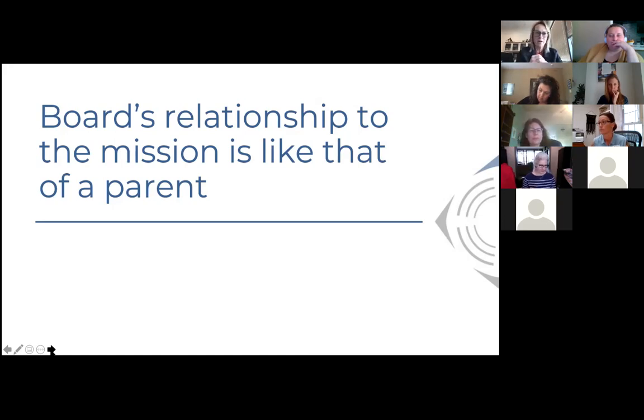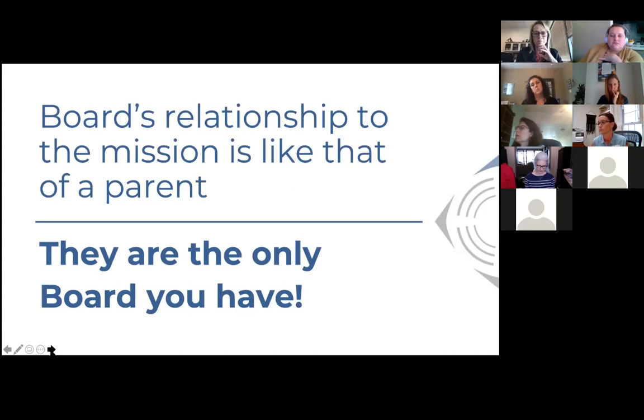It doesn't mean they're heavily engaged in every area or have their hands in every piece of it, but they do need to understand it, be bought in, and participate at some level in the fundraising side of the organization. So again, they're the only board you have. So they must be somewhat involved and engaged at every level, including in philanthropy.